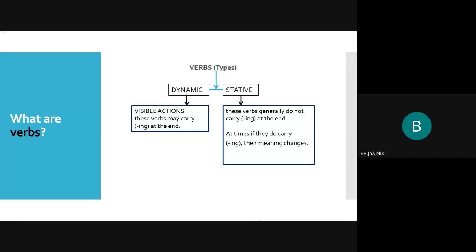Also, we discussed some complexions. If we add ing, how their meanings change with respect to grammatical structures.